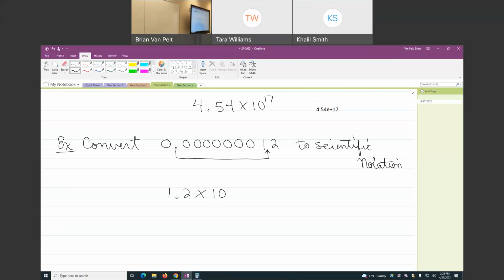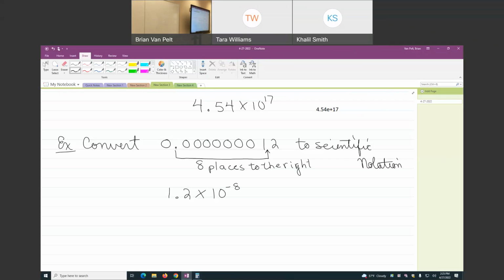How many spots do we go? 8 places left. So this is 10 raised to the negative 8. Take your calculator and just type 10 to the negative 8.